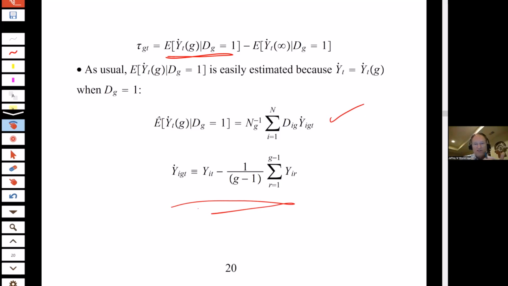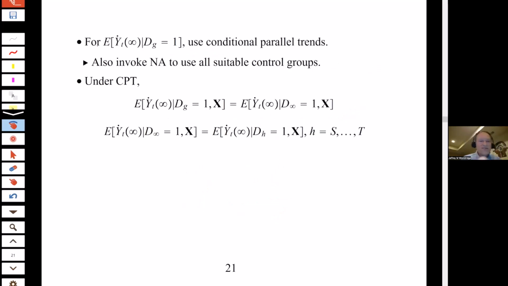For each individual unit in this cohort, we define this. It's kind of a differencing, but it's not really differencing. It's a differencing between the outcome in period T and the average of the outcomes up through period G minus 1. This is the one that's always hard because this is the counterfactual.